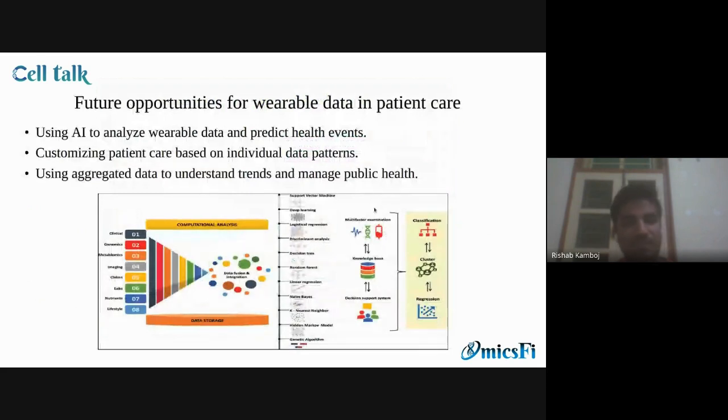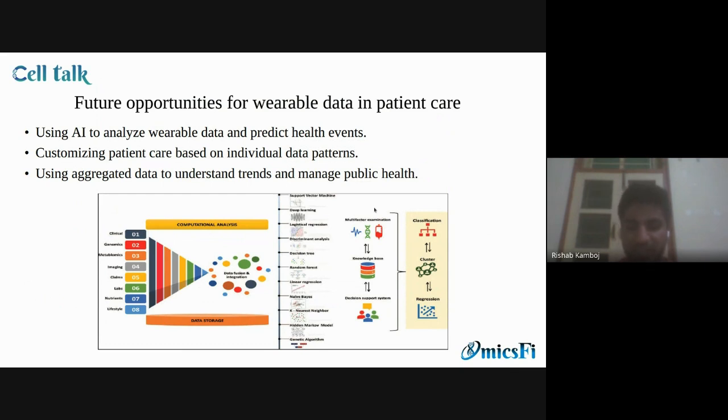And what are the future opportunities for wearable data in patient care? The first thing is we can use AI and ML to analyze the wearable data and predict any health-related event before it occurs, so that we can provide a very good solution and a person's health can be improved. Another thing is we can find individual data patterns.